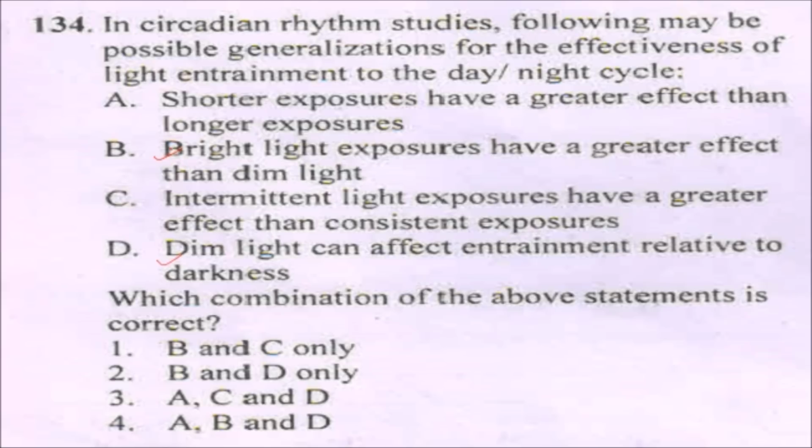If we are using the bright light instead of dim light, then in comparison to dim light, bright light will have the greater response. But if we are using the dim light in comparison to the darkness, then the response for the dim light is more in comparison to the darkness. So the statement correct here is only B and D.